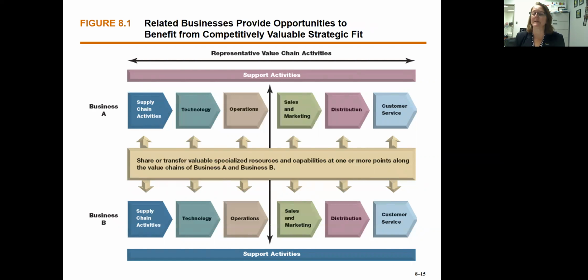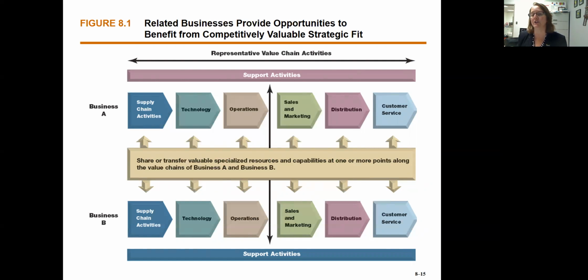So here are two businesses. You've got the support activities, and then you have a share or transfer of valuable specialized resources and capabilities at one or more points along the value chain of business A and B. So where are you using each other's supporting activities? Is it in the supply chain activity?